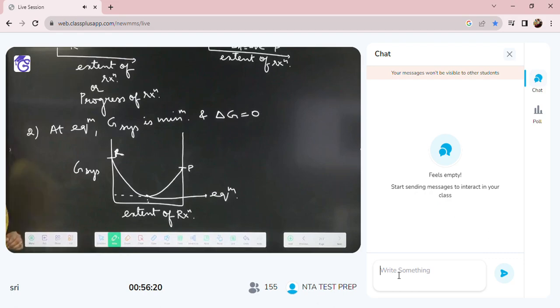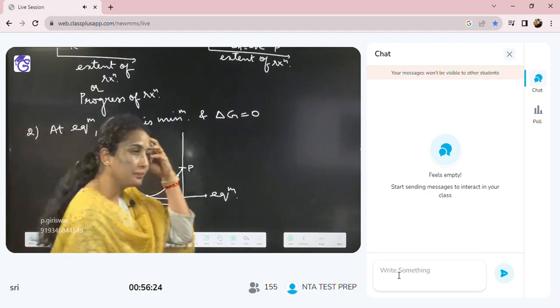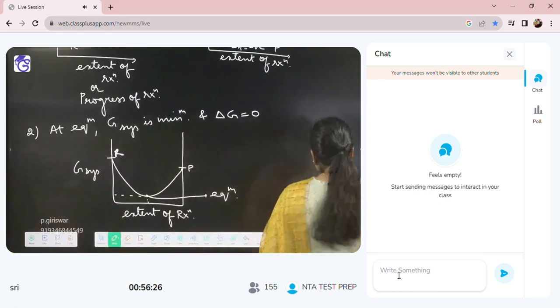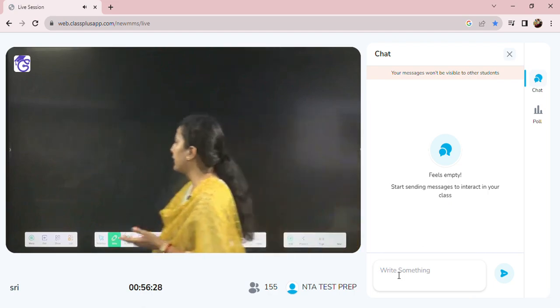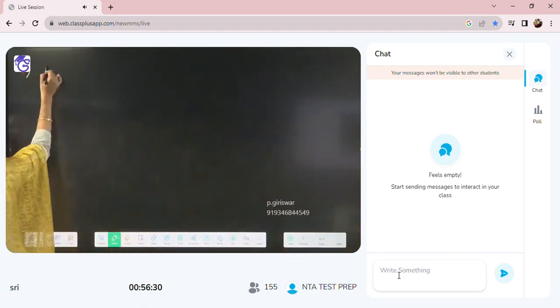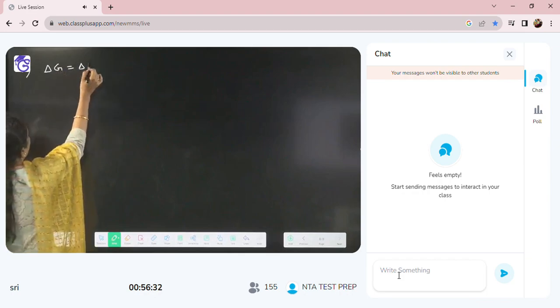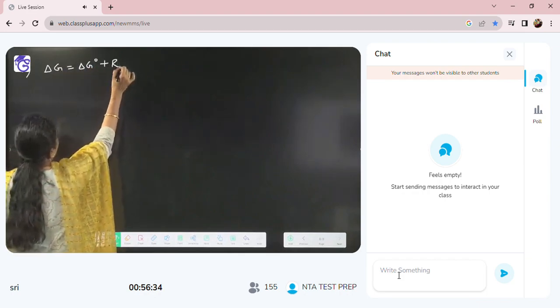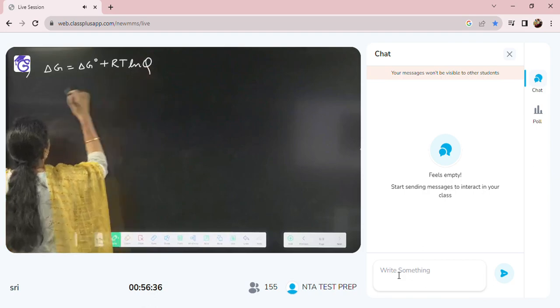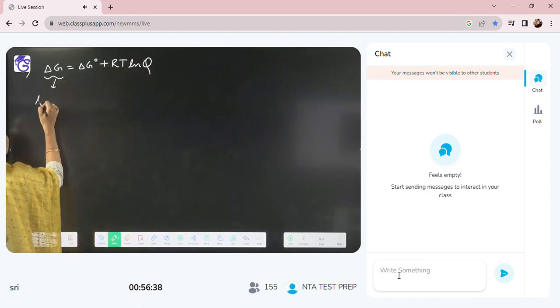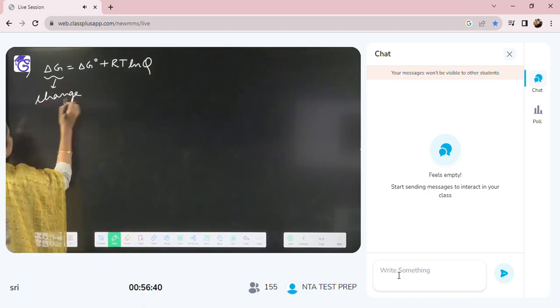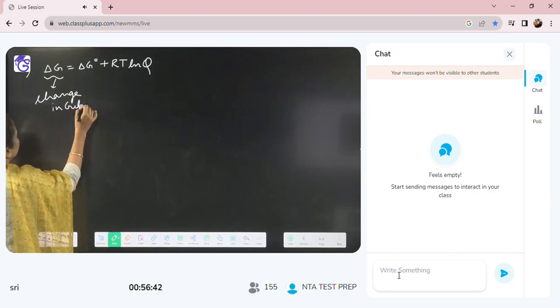Hopefully everybody has drawn this graph. So I'll move towards the next portion, next note here. We know delta G is equal to delta G naught plus RT ln Q. Where what is delta G? This is change in Gibbs energy.